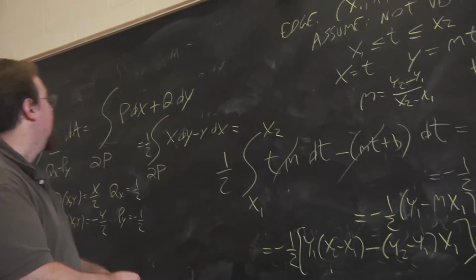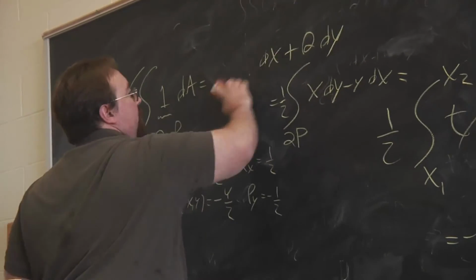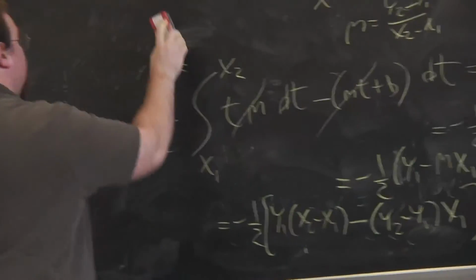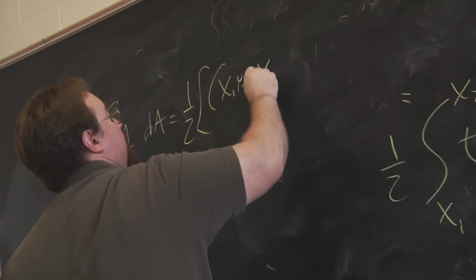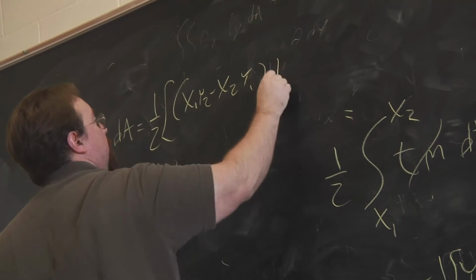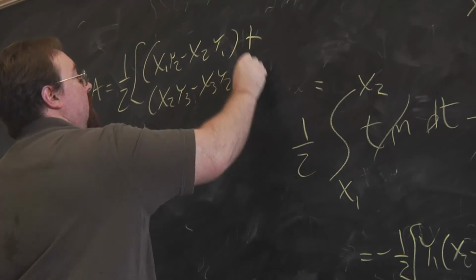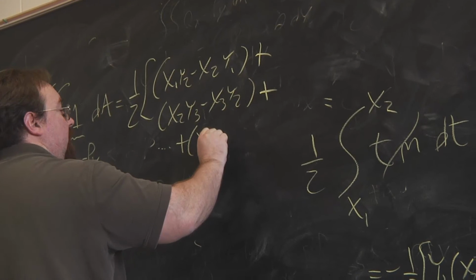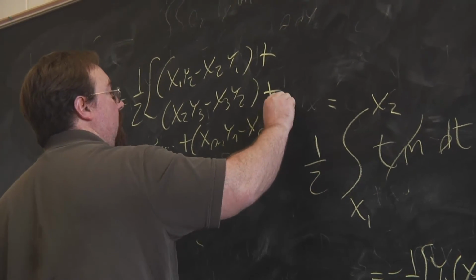So now we can write down the formula for the area of a polygon by applying this same formula for all edges. So it's going to be 1/2 times x1 y2 minus x2 y1, plus, and then we move to the next one, x2 y3 minus x3 y2, and so on, up to x(n-1) yn minus xn y(n-1).